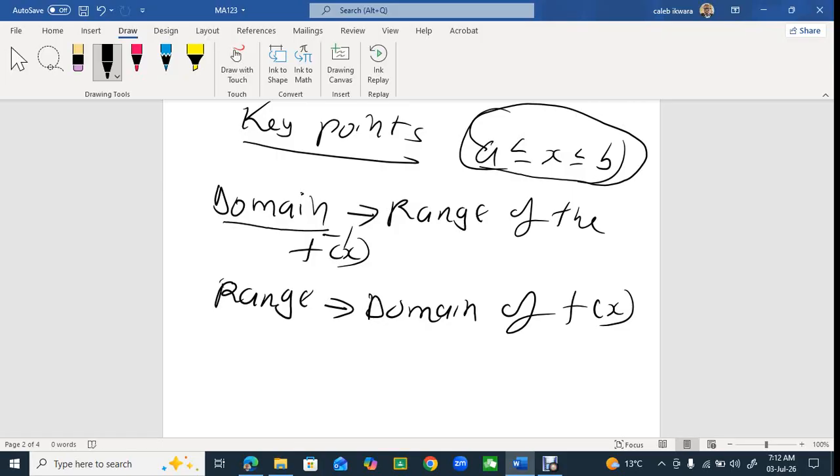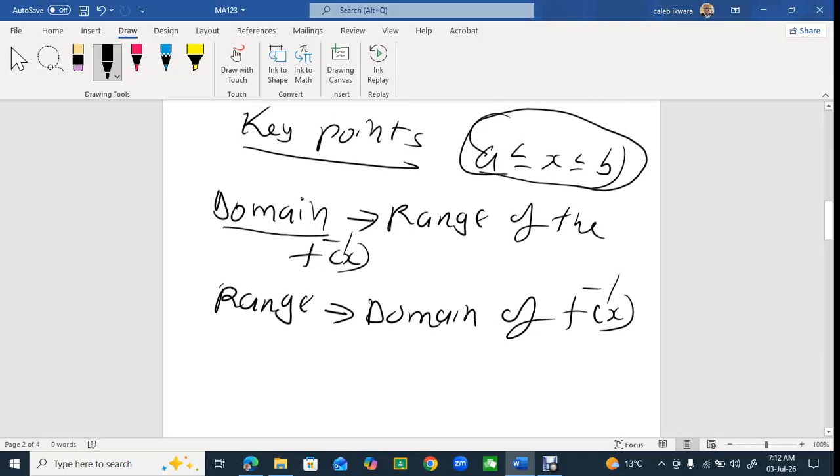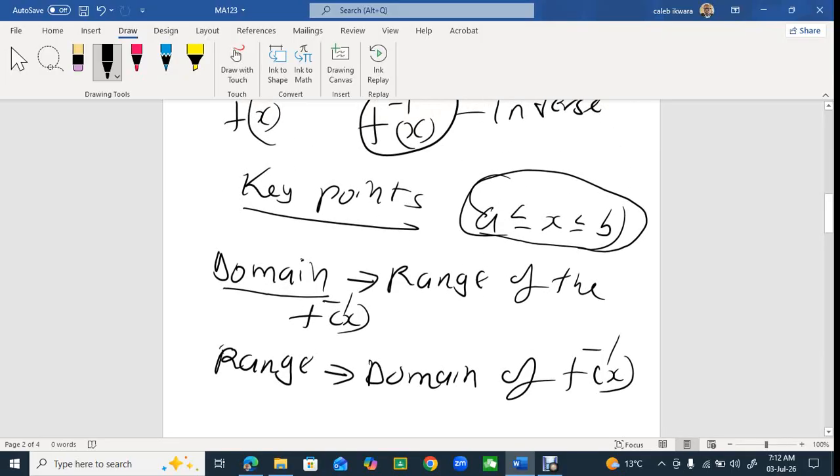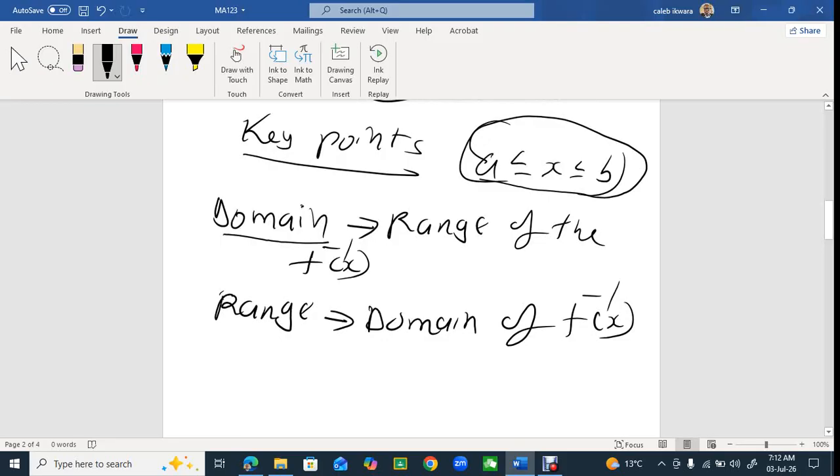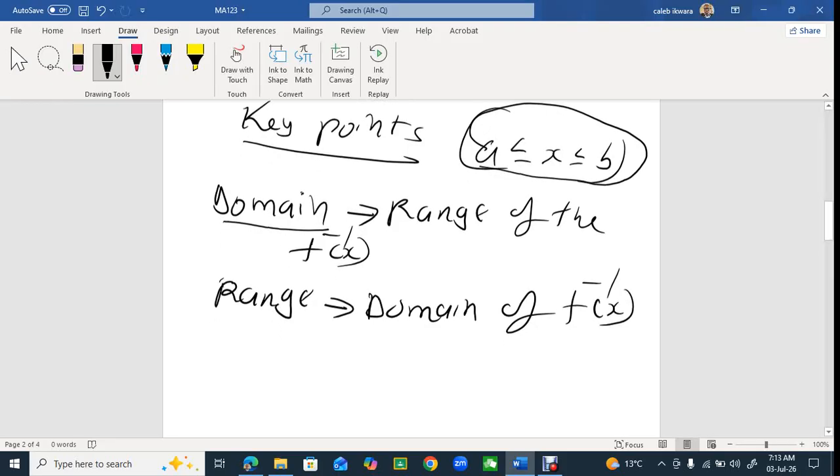Then the range of f of x is the domain of f inverse. That's how to master this. So when you're given a question asking you to find the domain of f inverse of x, simply check the range of the function f of x. If you're asked to get the range of f inverse, just check the domain of f of x.